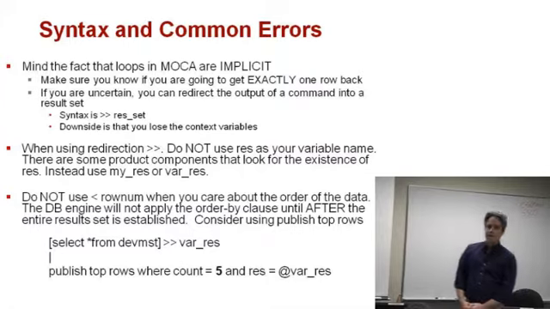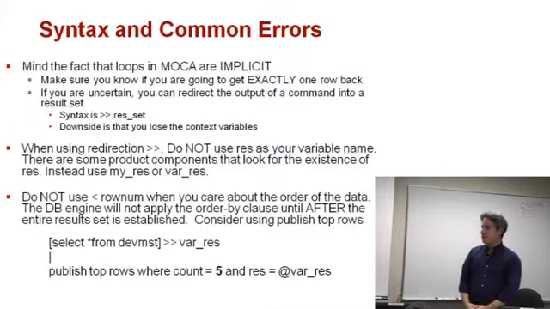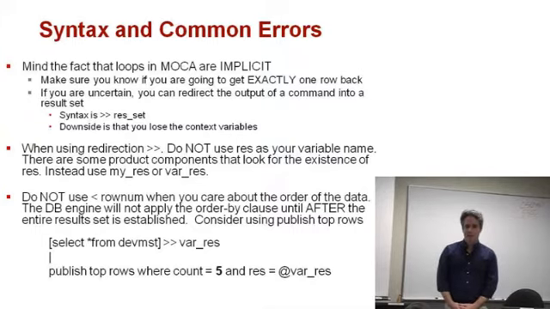We've had more than one instance where, because that's the default, and the product guys do that, somebody said, oh, I'm going to store this out, and I'm going to call it res. Well, it's in context as res. And then some product component downstream says, well, if I have a res, I'm going to do this. Well, it has a res.